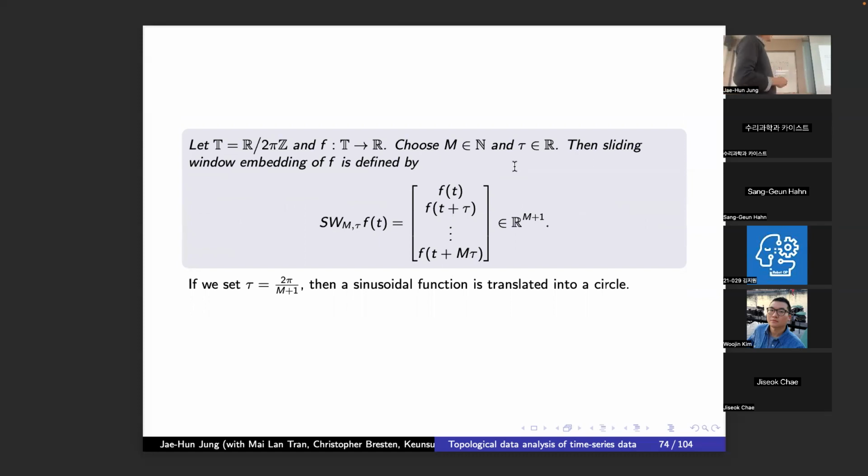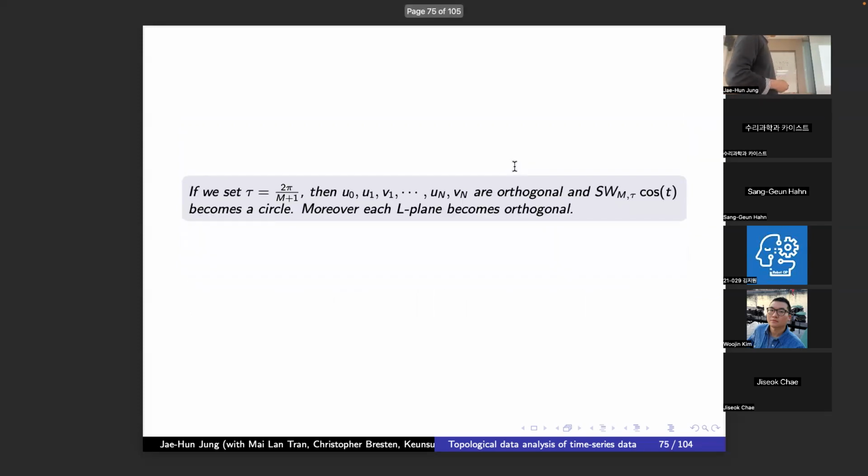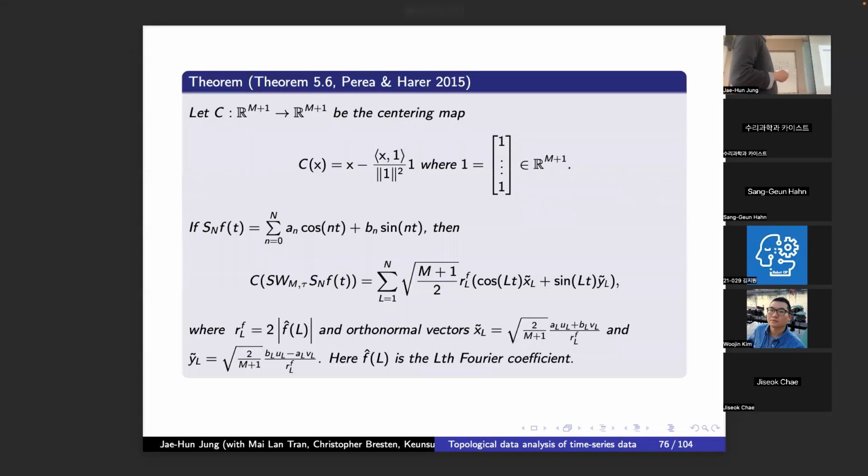So we use a very particular parameter, and then everything is a circle. Using that choice, they are orthogonal, and they all become circles. And also the L planes become orthogonal.